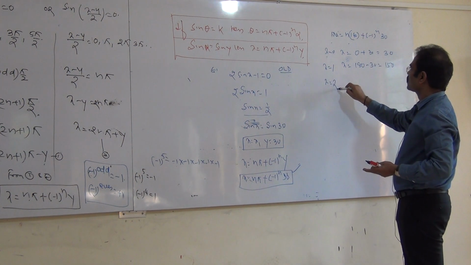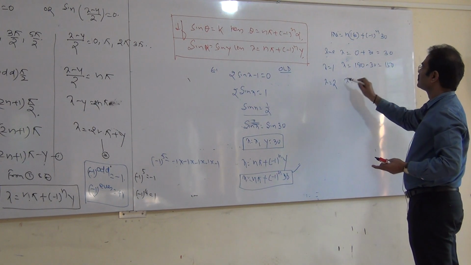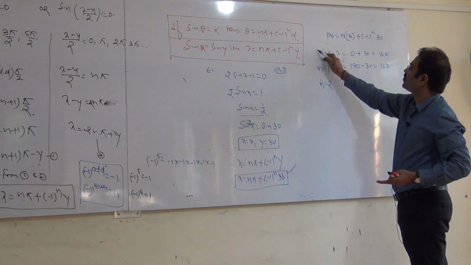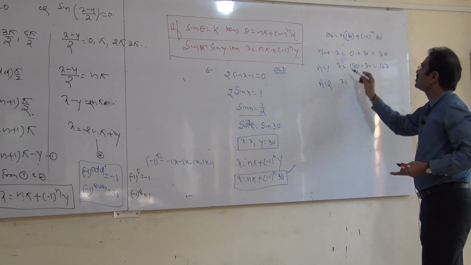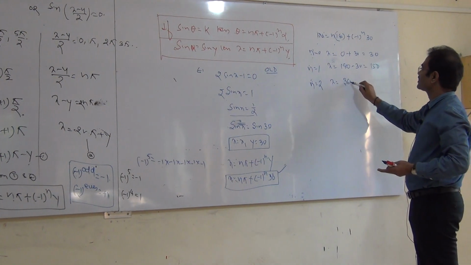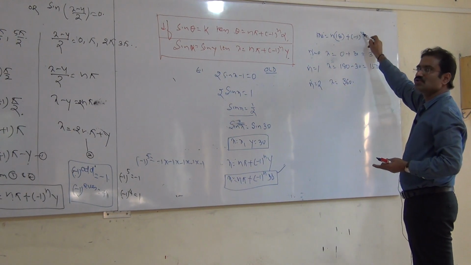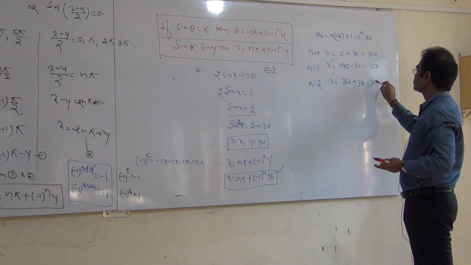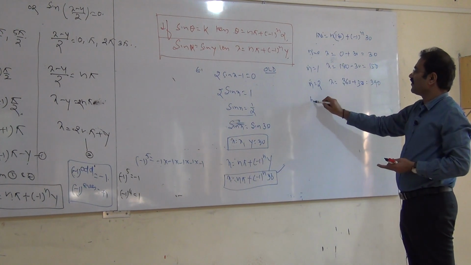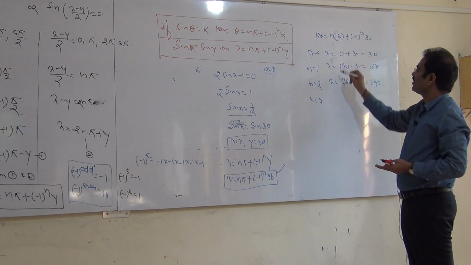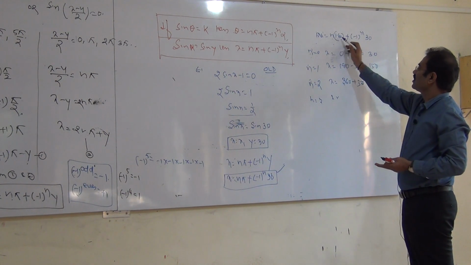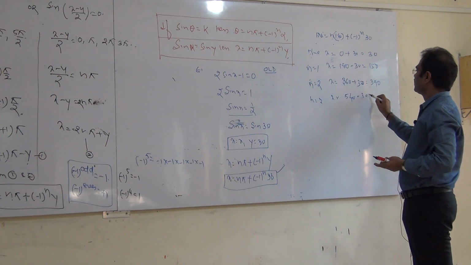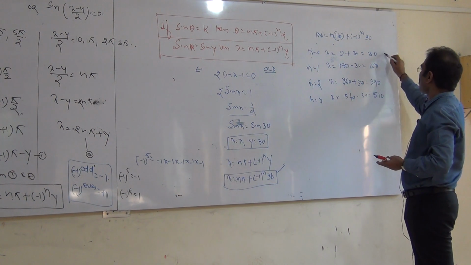When n is equal to 2, x is 360, minus 1 raised to 2 is positive, plus 30, that is equal to 390. If n is equal to 3, x is equal to 540 minus 30, that is 510. All are correct.